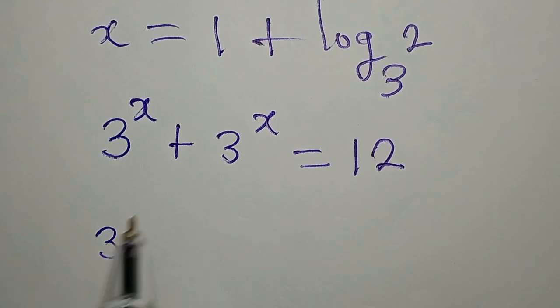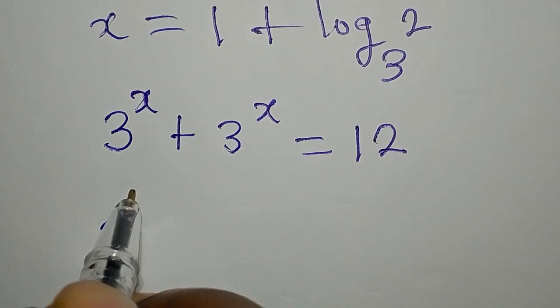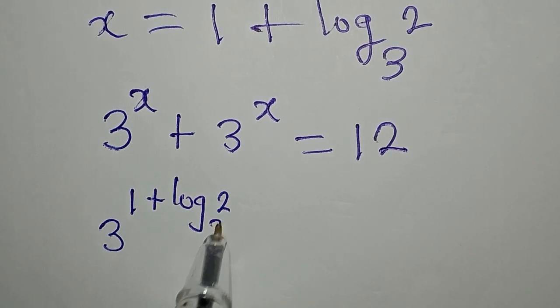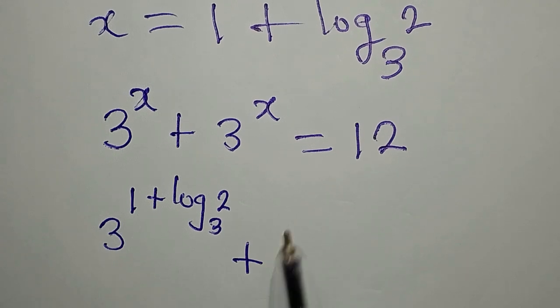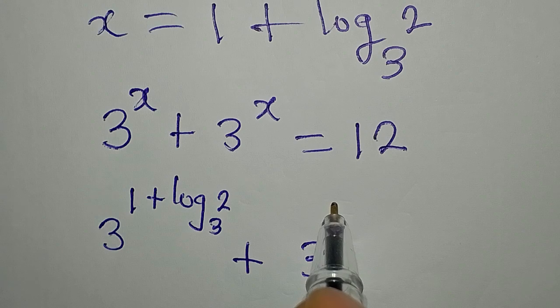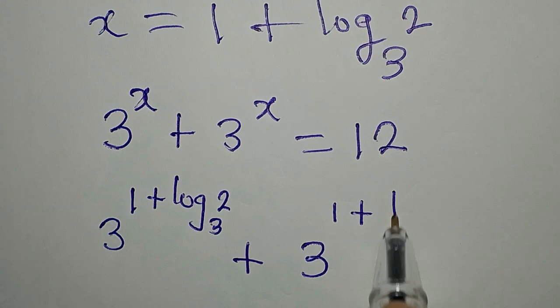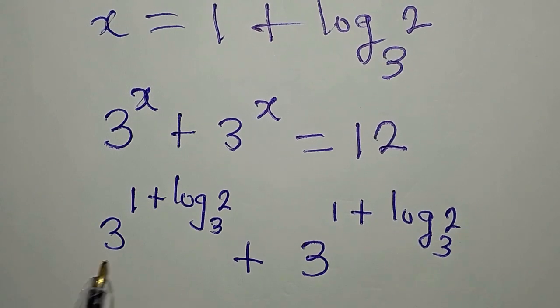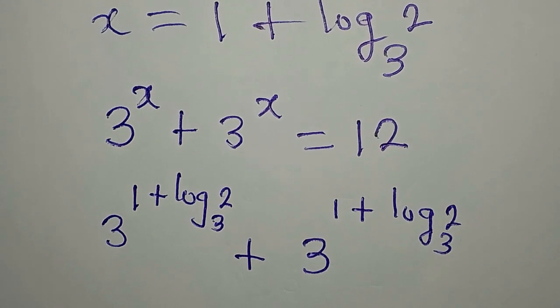In place of x, I'm going to write 1 plus log 2 to base 3, plus 3 again to the power of 1 plus log 2 to base 3. Now, will this give us 12 on the other side?